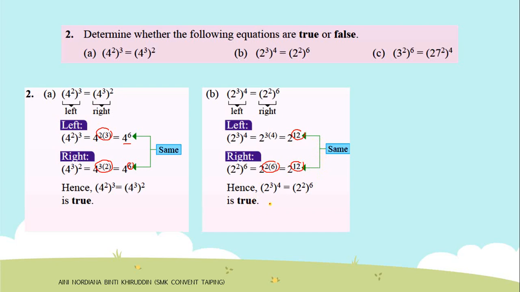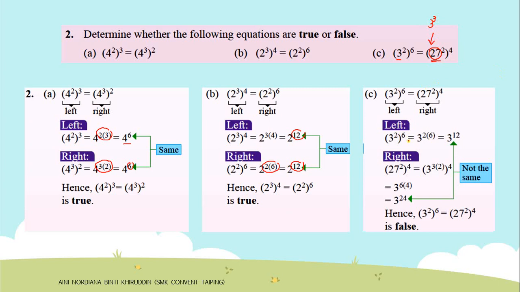Hence, it is true. For C, as you can see, this is a different number, a different base from this. So you just convert these to base 3 first. So 27 is actually 3 cubed.